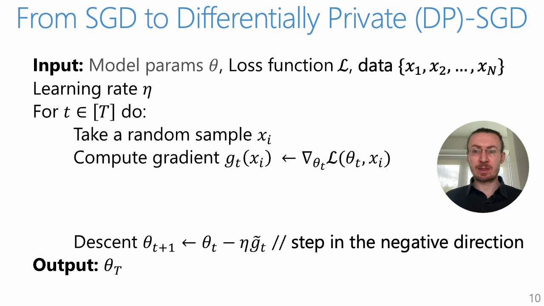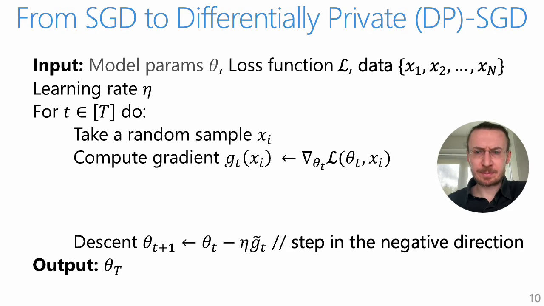We start from selecting a random data point, x sub i, and then compute a gradient for this data point. So taking into account current model parameters, theta sub t, for this training round and this given data point, we compute loss, which can be, for example, a standard cross entropy loss. And thanks to that, we get a gradient for model parameters.